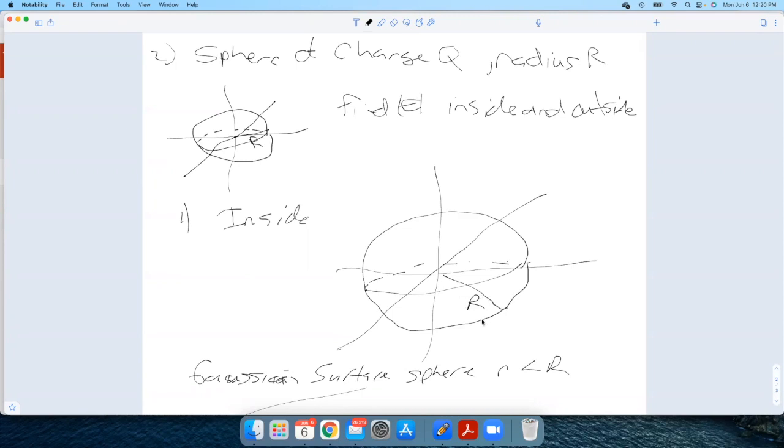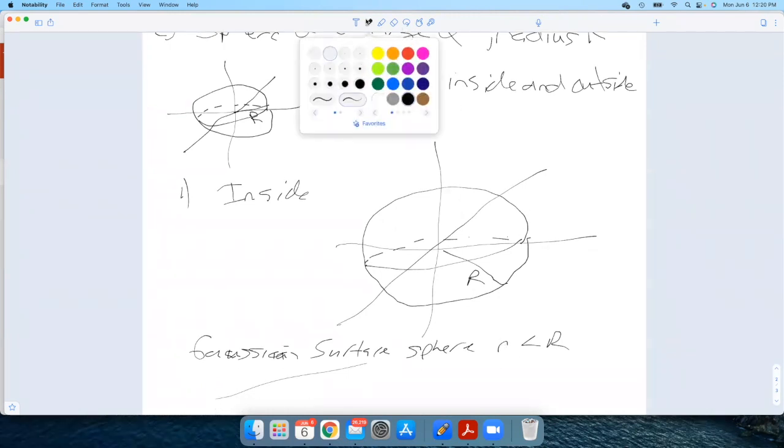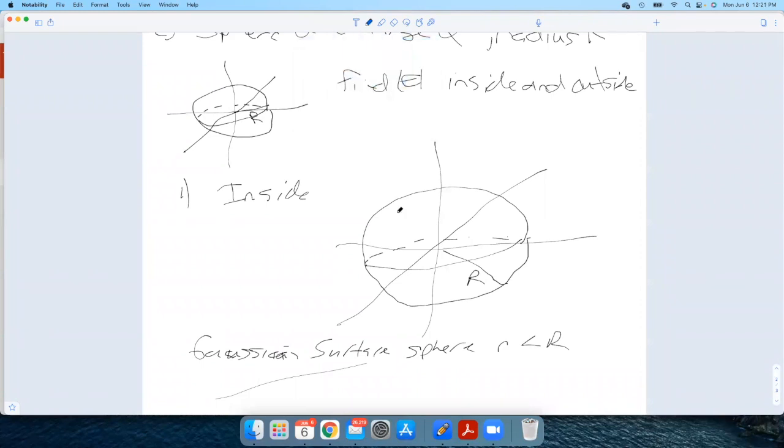Big R is a constant. It's not going to change. My one and only variable in the problem is little r, and it's smaller than big R. Okay, so let's draw that. There's my little sphere. He has radius little r. I only care about what's happening on the surface of that little sphere.